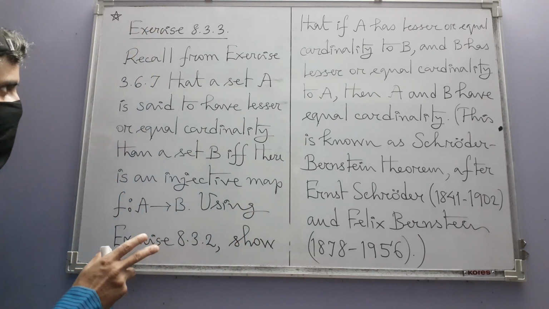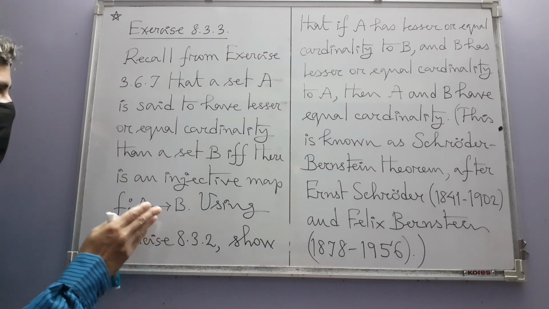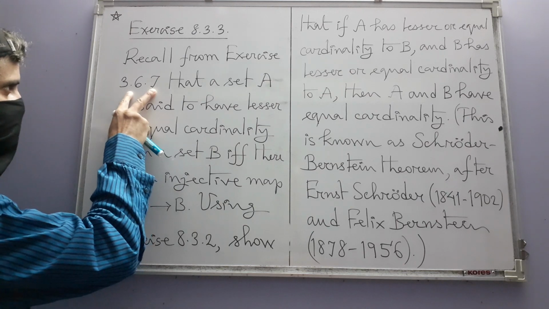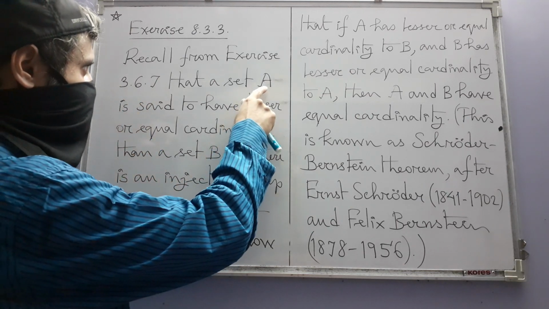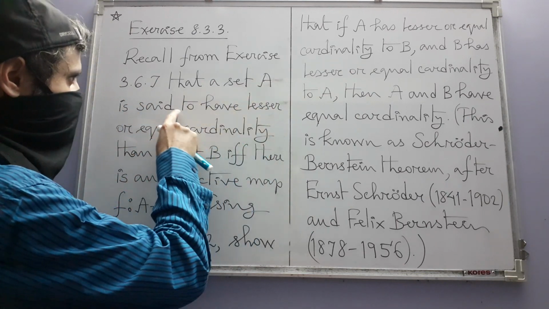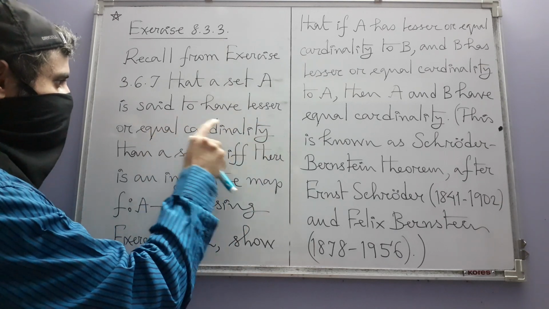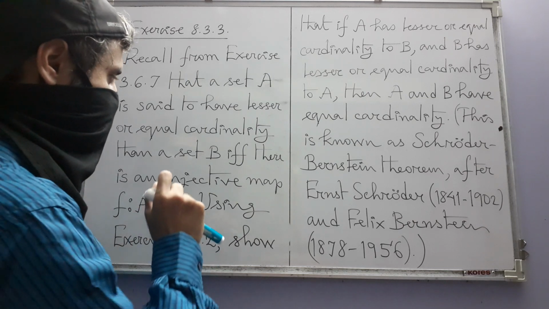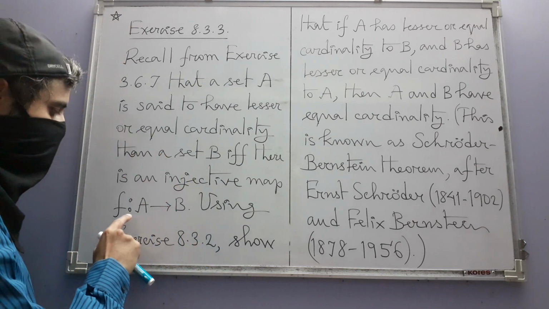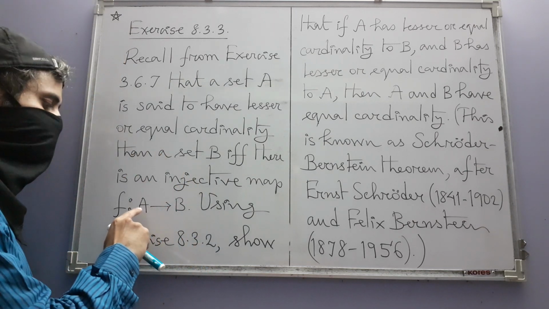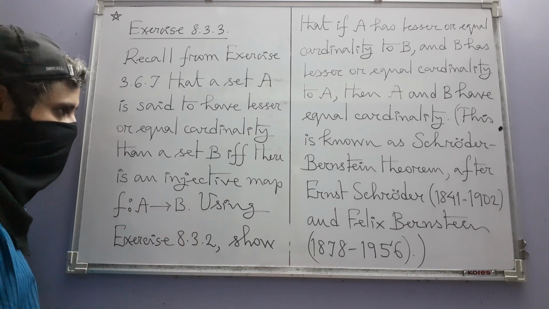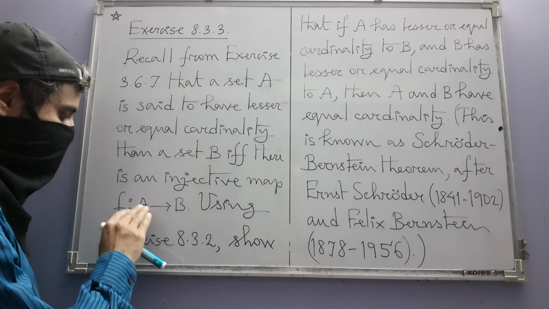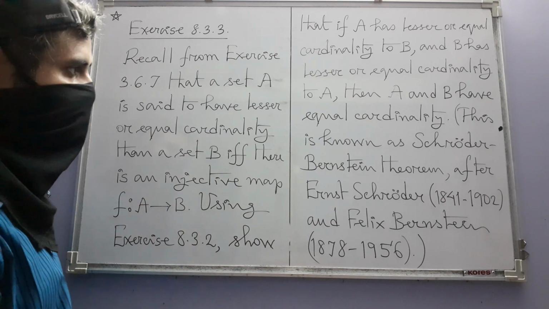In this one, we are going to recall a notion that we came across in exercise 367, namely a set A having lesser or equal cardinality than another set B, and we say so when there exists an injective function f from A to B. When such a function exists, then we say that A has lesser or equal cardinality than B.